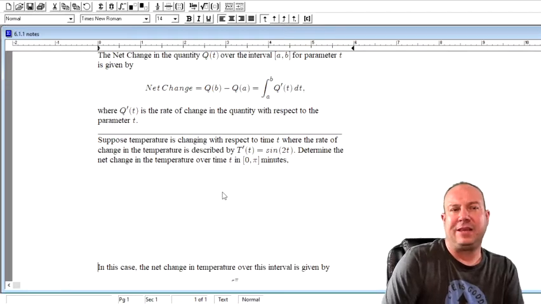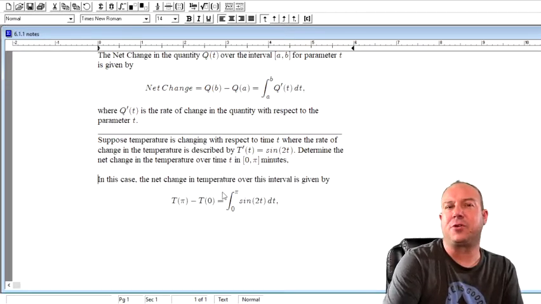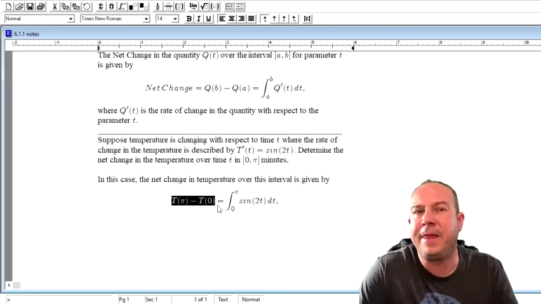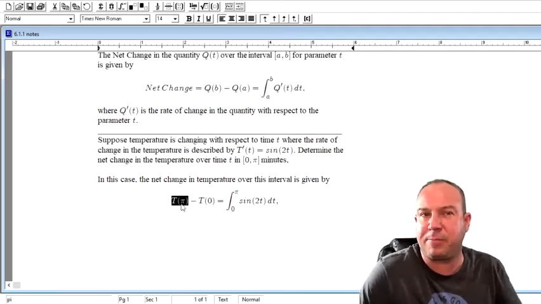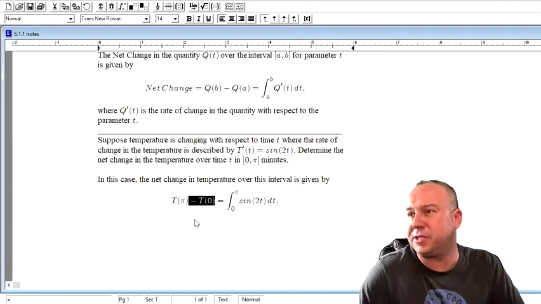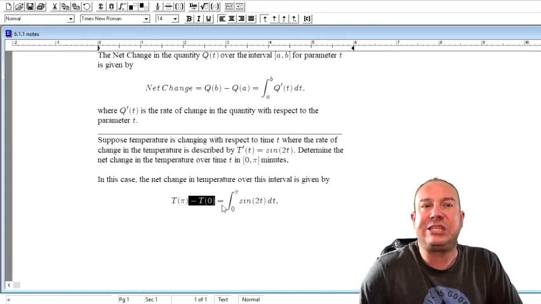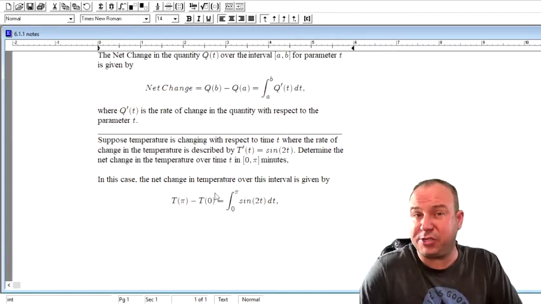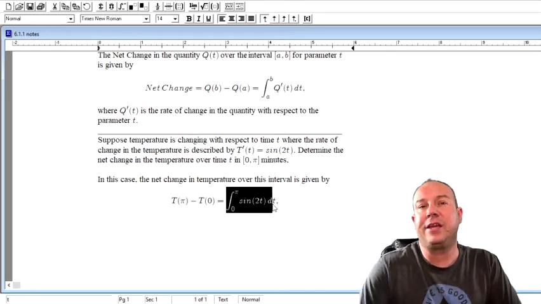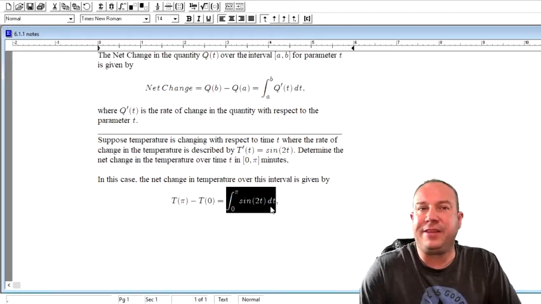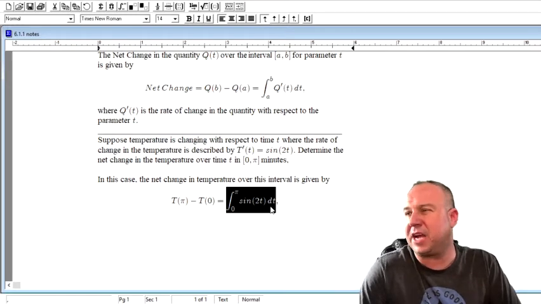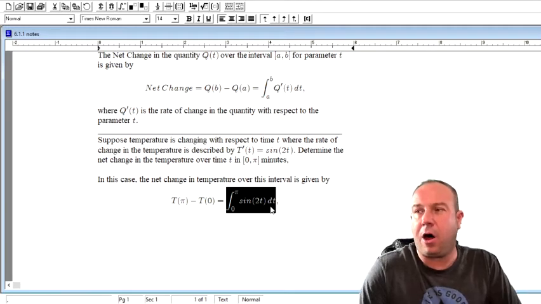In this case, the net change in the temperature over this interval is given by T of pi minus T of 0, the temperature at pi minus the temperature at 0, which, since we don't have our temperature's description, we just have its rate of change, we can calculate using the integration from 0 to pi of the sine of 2t, all with respect to that parameter of time t.